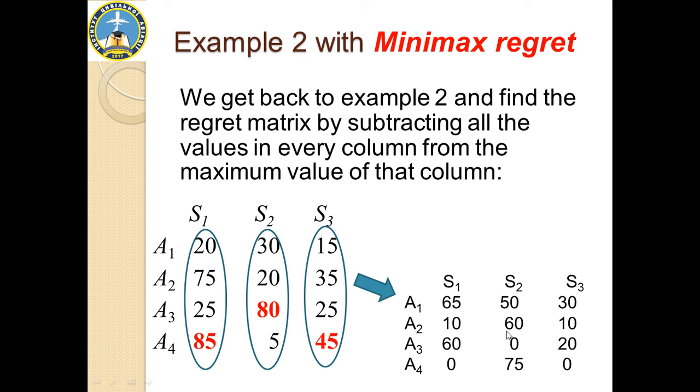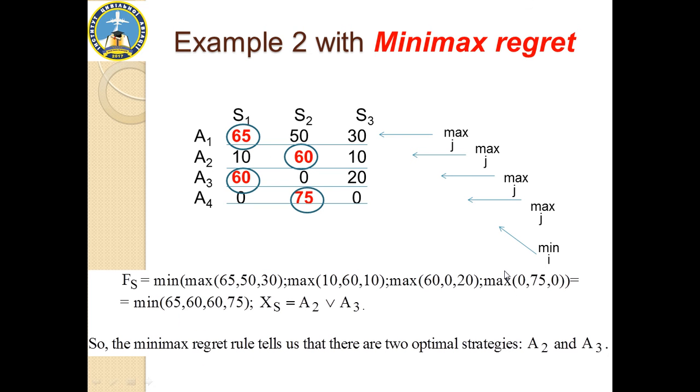Now we apply this minimax rule to find the worst case regret, to minimize the worst case regret, minimax regret. So we find maximum regret given every decision-making option, which for the decision option A sub 1 is 65.